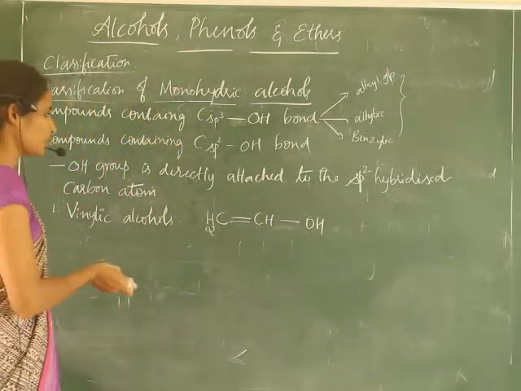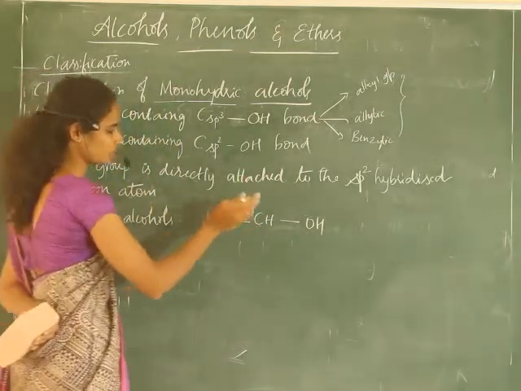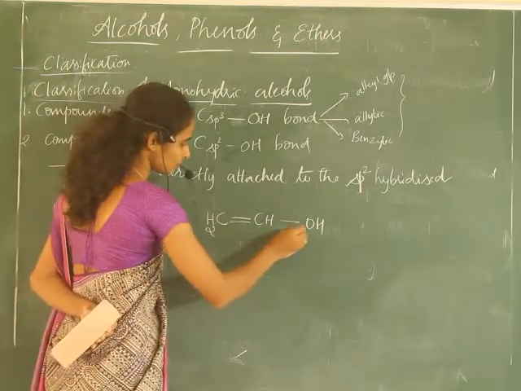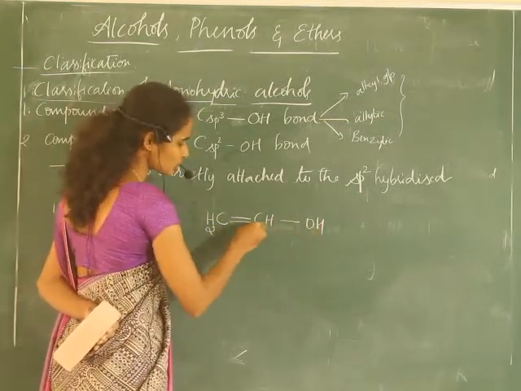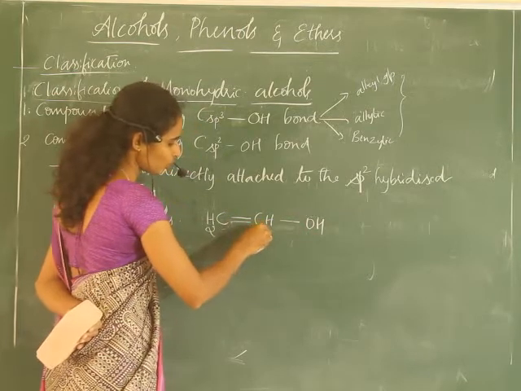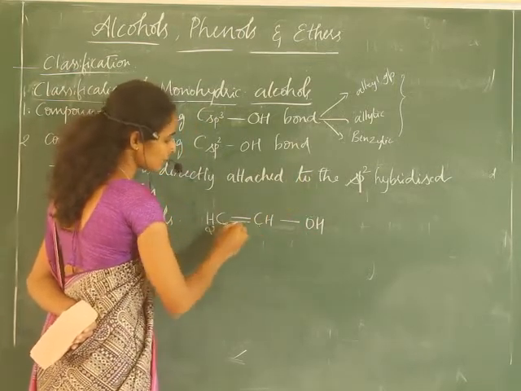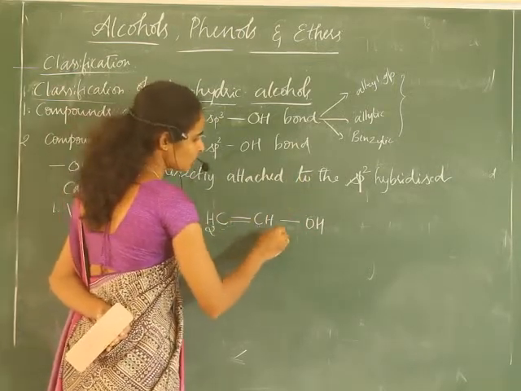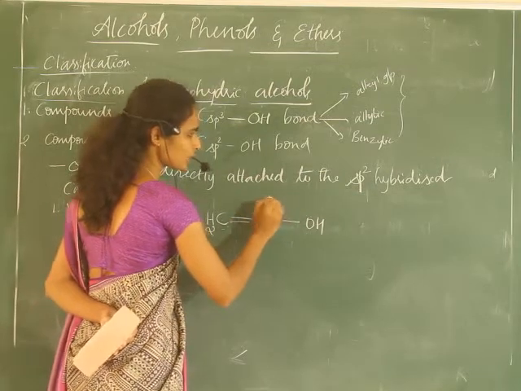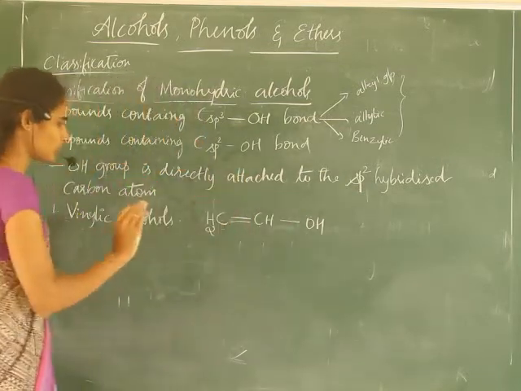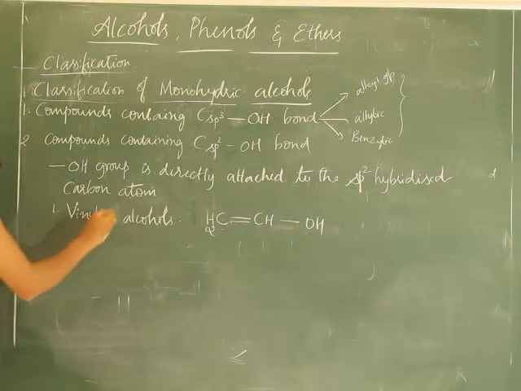Vinylic means directly attached to the carbon containing the carbon-carbon double bond. Allylic is directly attached to the carbon atom which is present next to the carbon-carbon double bond. Don't get confused. Vinylic alcohols.